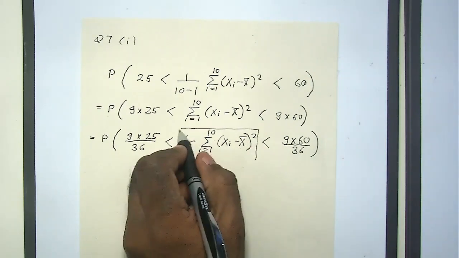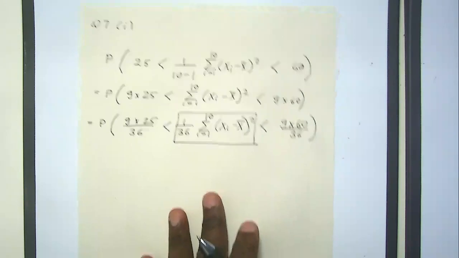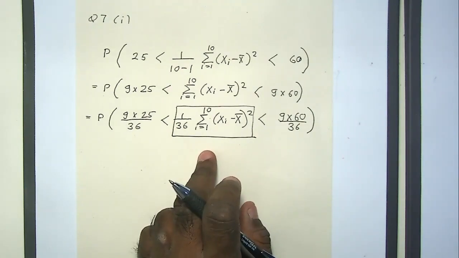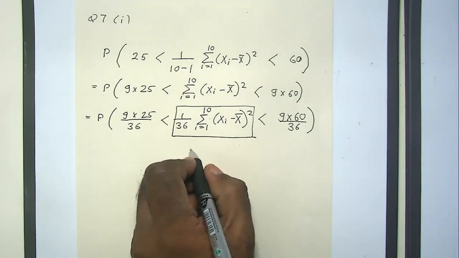Now, let me ask you one more time, just to refresh your memory on the chi-square distribution. What distribution does this have? Do you remember? Oh, you already forgot what we did. Come on, guys.